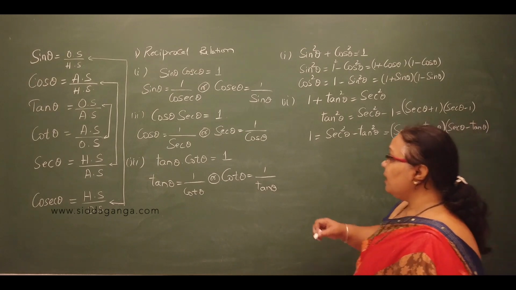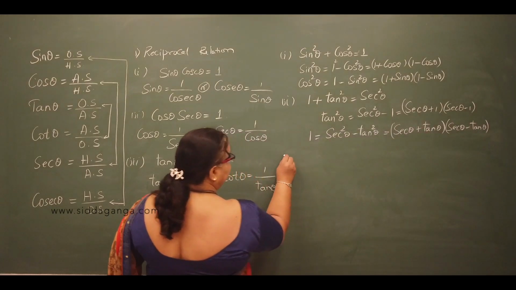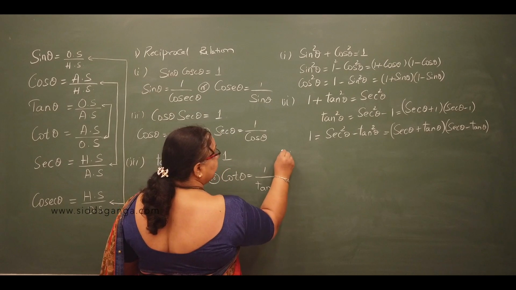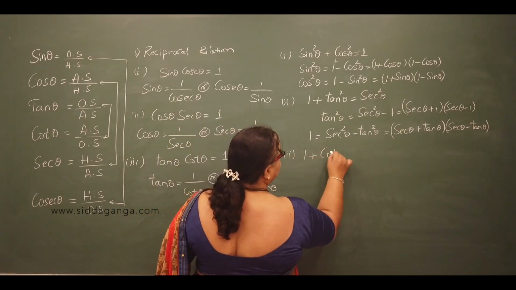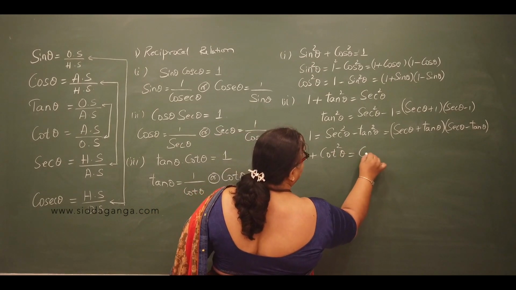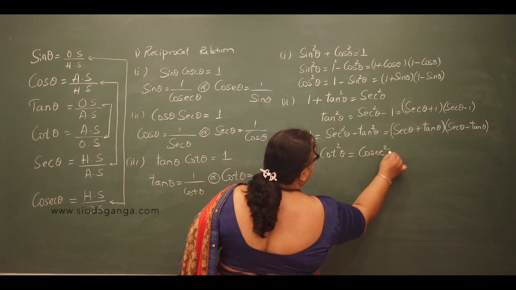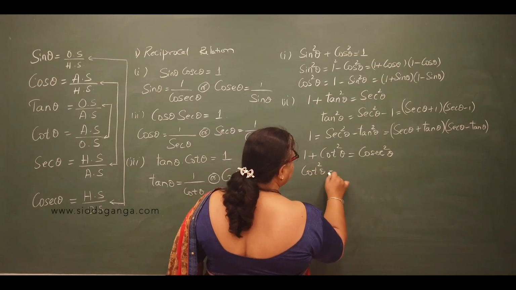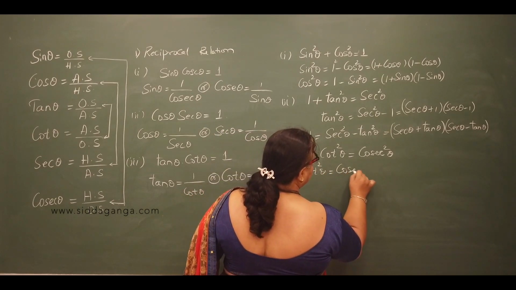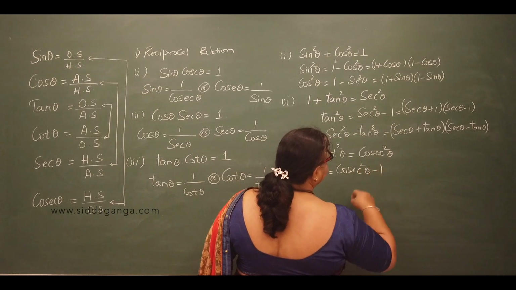The third identity is 1 plus cot square theta equals cosec square theta, or cot square theta equals cosecant square theta minus 1.